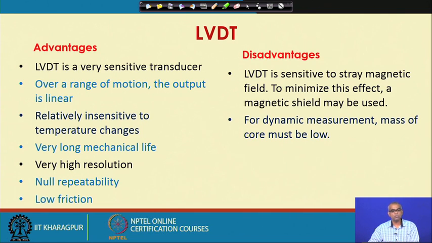Let us now list down the advantages and disadvantages of LVDT. LVDT is a very sensitive transducer. Over a range of motion, the output is linear. LVDT is relatively insensitive to temperature changes. It has a very long mechanical life.